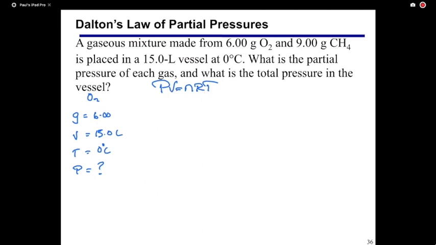I have a V and I have a P. What don't I have? N. What is N? Moles. I'm not given moles. But you're given grams of oxygen and I can convert grams of oxygen into moles of oxygen, because 1 mole of oxygen is what? 16.00 grams, as the CHEM-111 says.